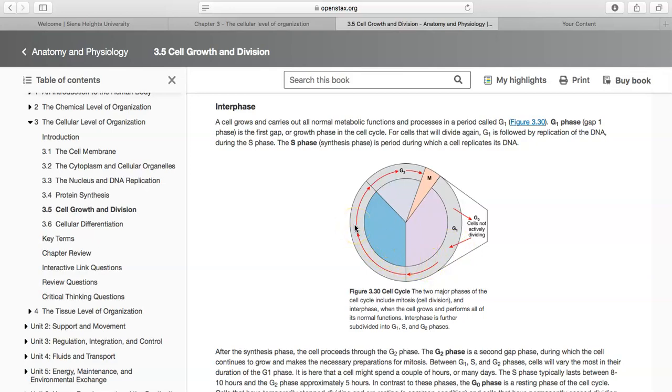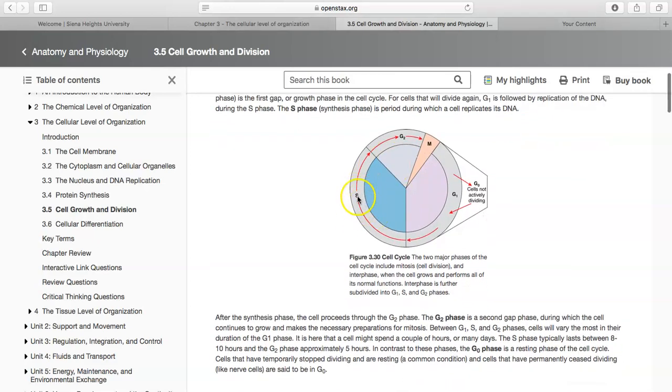During S phase, which S stands for synthesis, that's when a cell is going to replicate its DNA. So when Dr. Droud talked about how DNA is replicated, that happens during the S phase. You can think of it as the synthesis phase, where it's going to synthesize, that means to make new copies of its DNA.